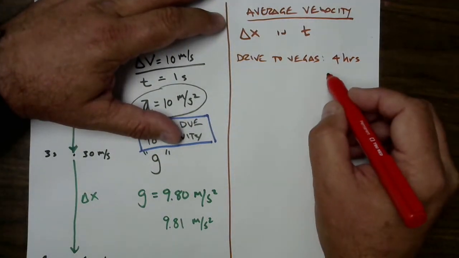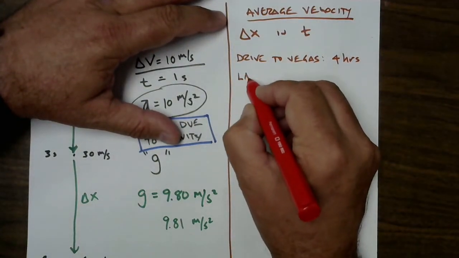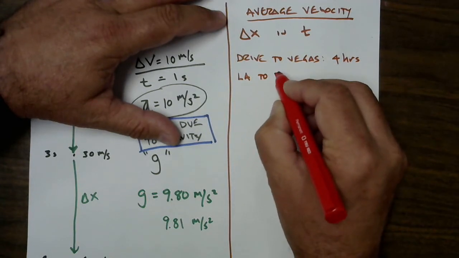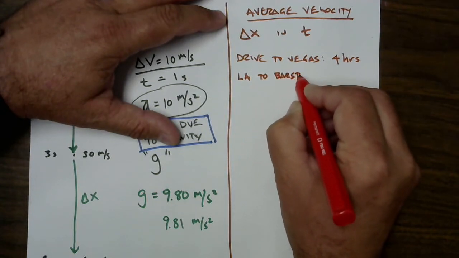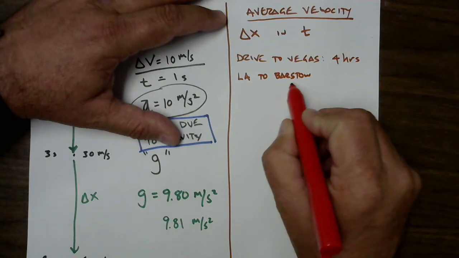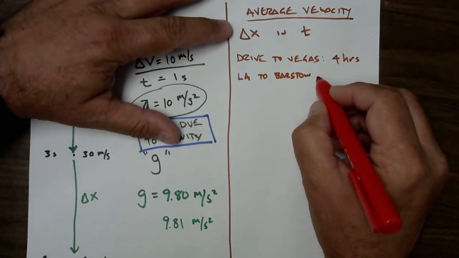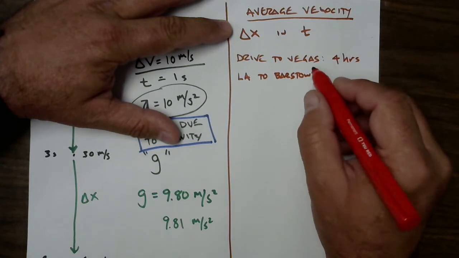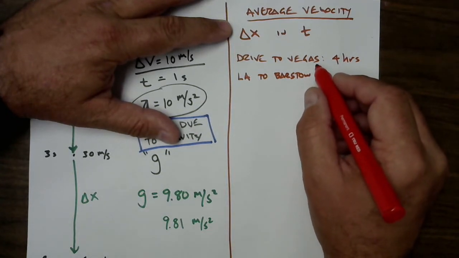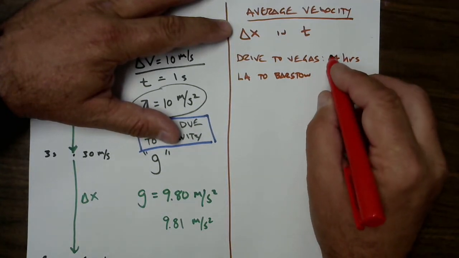So the first part of the journey between the LA area and, let's say, Barstow, that's a little too far, but you know, Victorville, Barstow, out in that area. I can't go too fast because there's a lot of traffic.